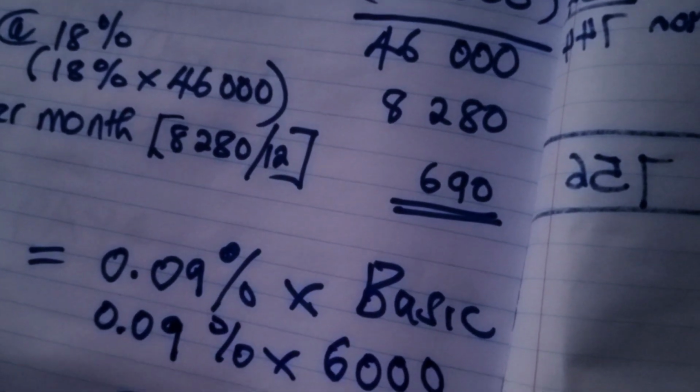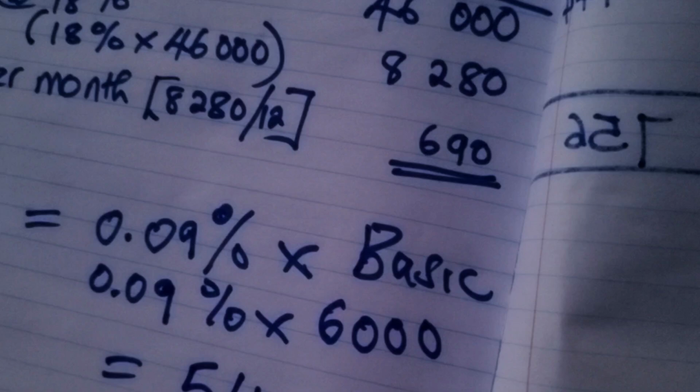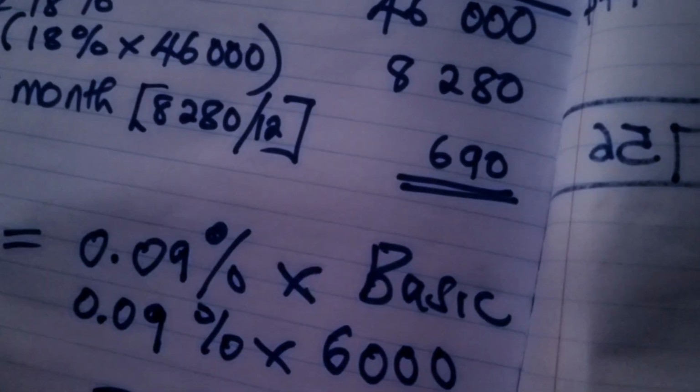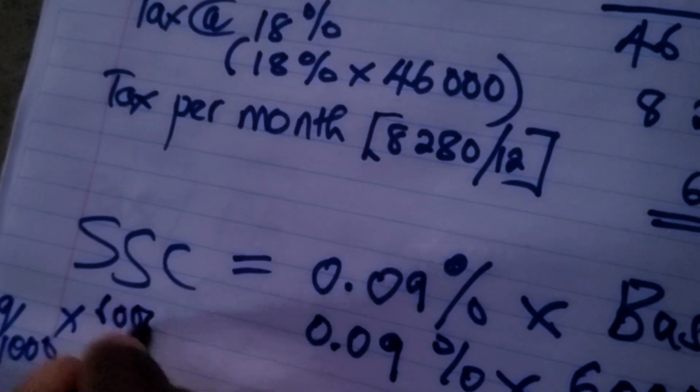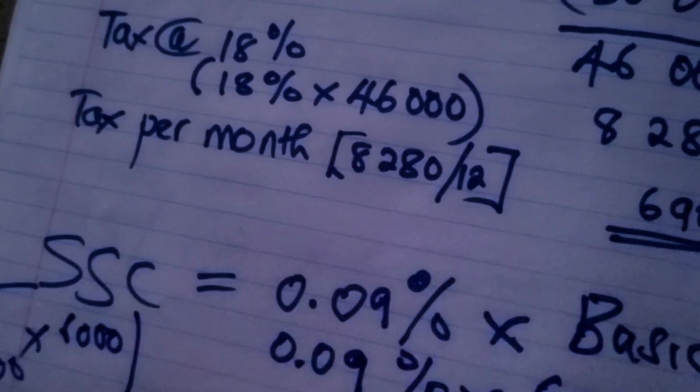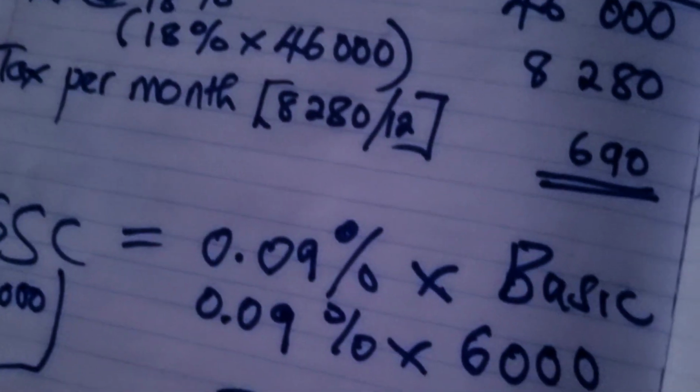You get your $54, because that 0.09% is the same as saying 9 over 1,000 times 6,000. This is where you get your 54.